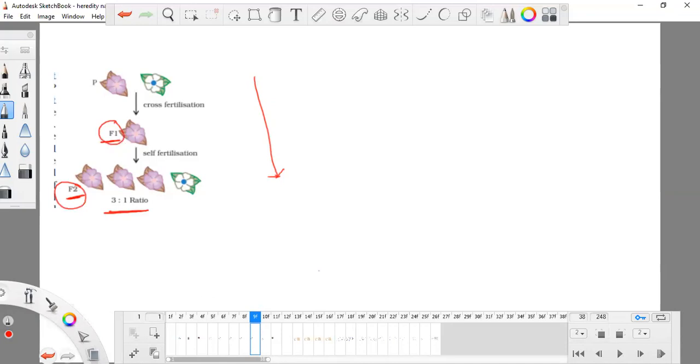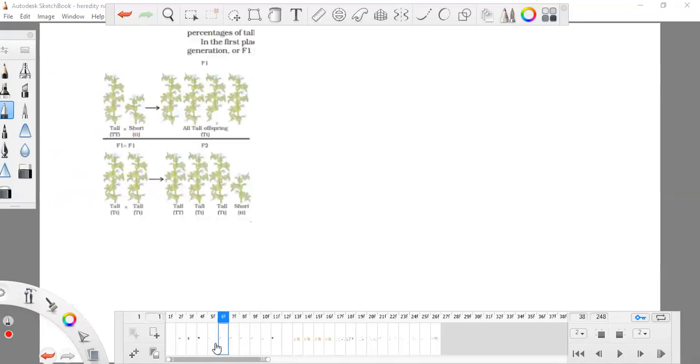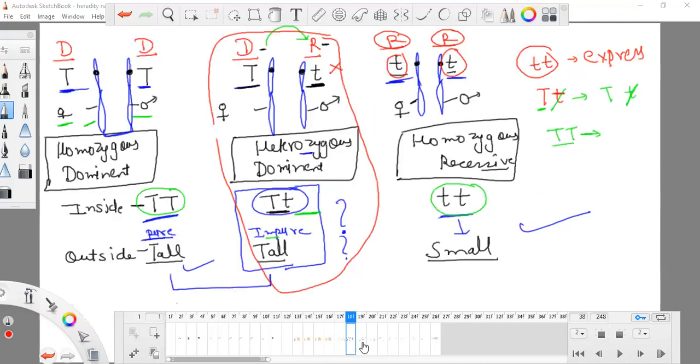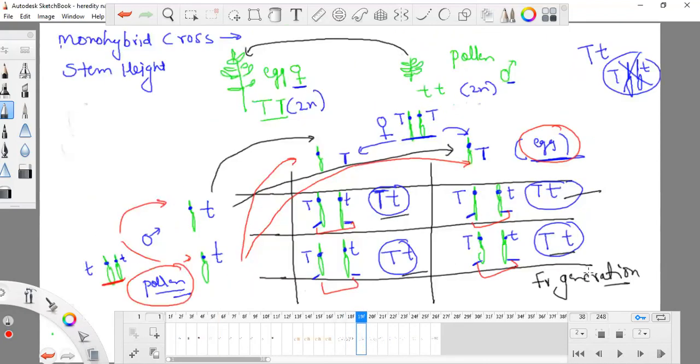This is the result of the F1 generation. What is the result of the F1 generation? All were Tt. You can see the result of the F1 generation, all of them are Tt. This is our F1 generation.